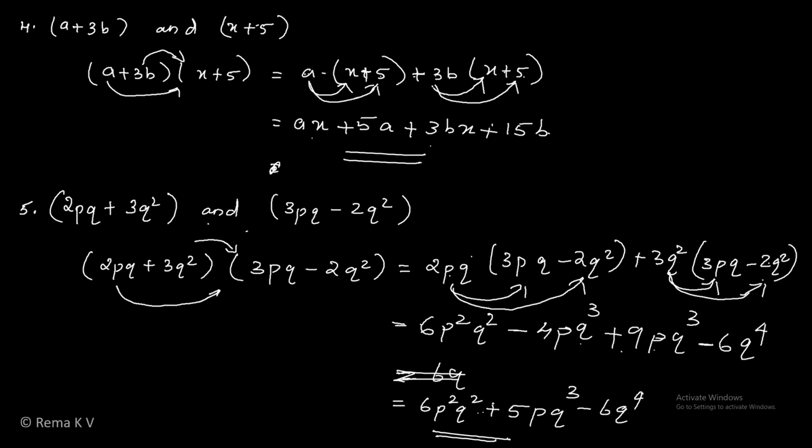Now let us do the next one. Three by 4 a square plus b square, the whole into 4 into a square minus 2 by 3 b square.